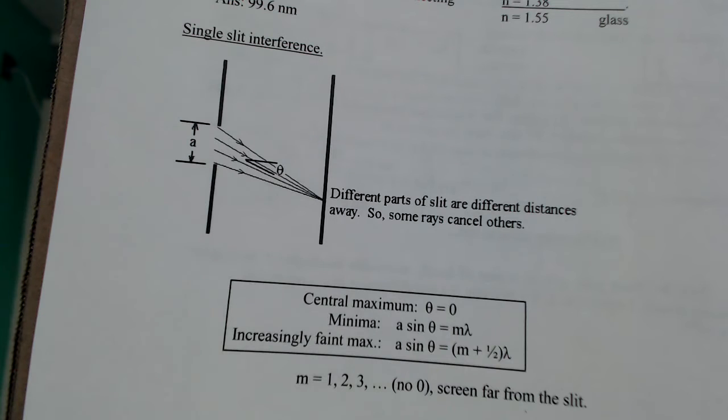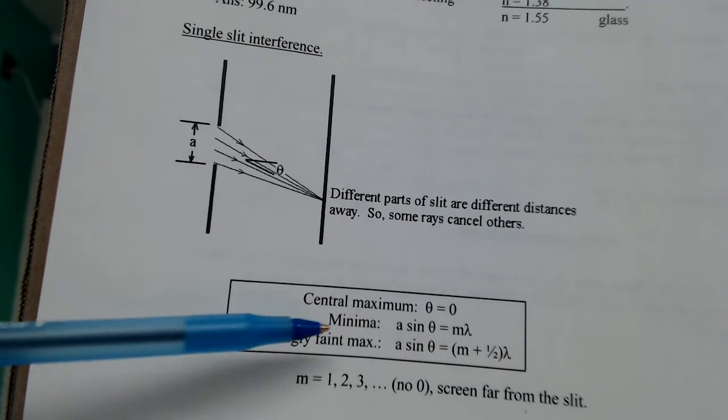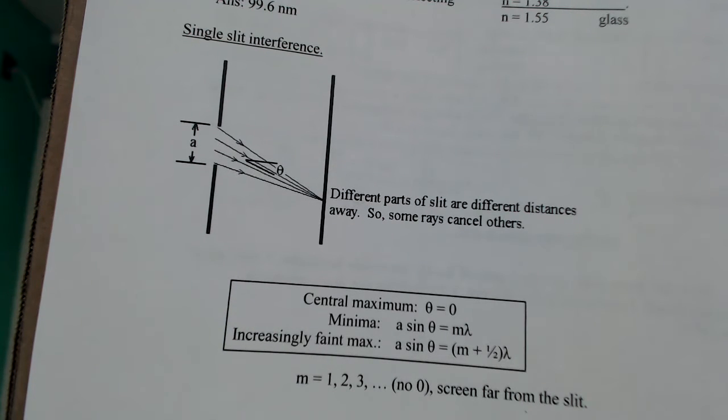Still further to the side, the rays that pass through the top quarter of the slit cancel with the rays going through the second quarter, and the third quarter cancels the fourth quarter, and you get your second minimum. Beyond that, the rays going through the top fifth of the slit cancel with the rays going through the second fifth, and the third fifth cancels the fourth fifth, leaving the last fifth uncanceled, and so on and so on.